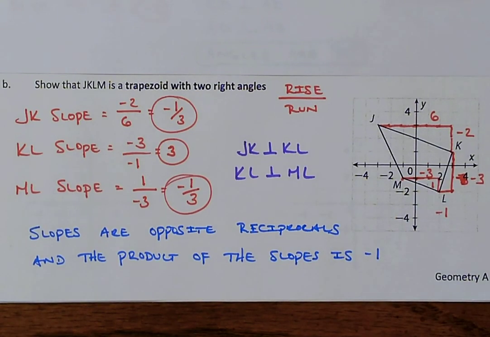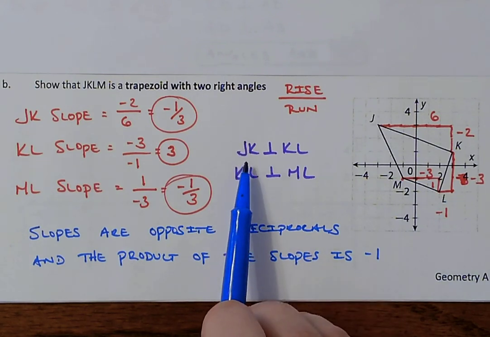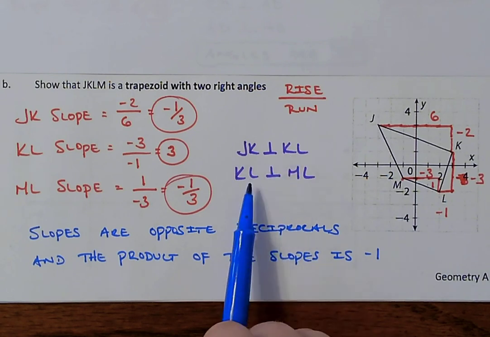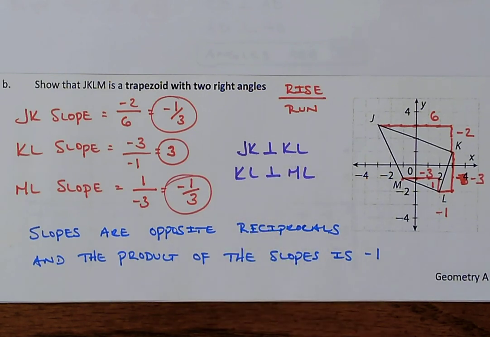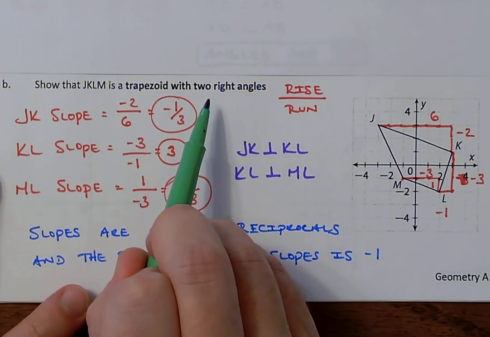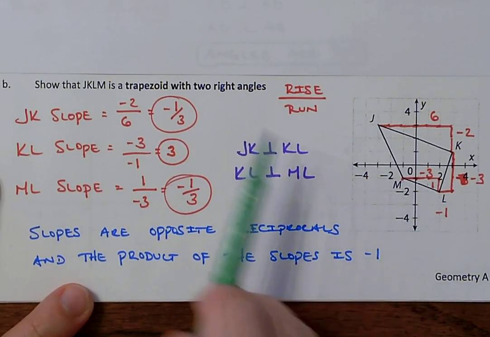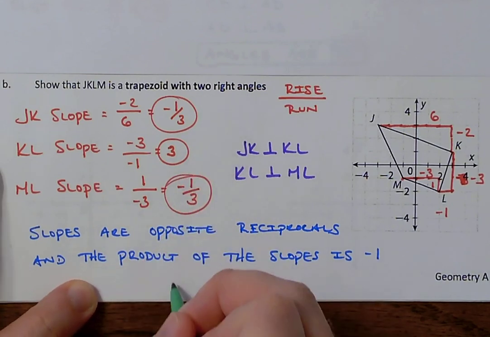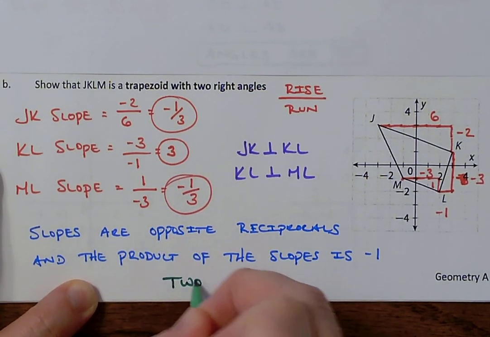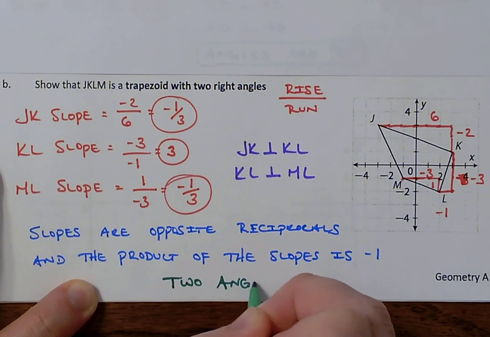So because we know the slopes are opposite reciprocals and the product, the multiplication of those slopes, is negative 1, that means I know that JK is perpendicular to KL, KL is perpendicular to ML, which tells me, and what it wanted me to state at the start, that I have a trapezoid with 2 right angles. So we do have 2 angles that are 90 degrees.